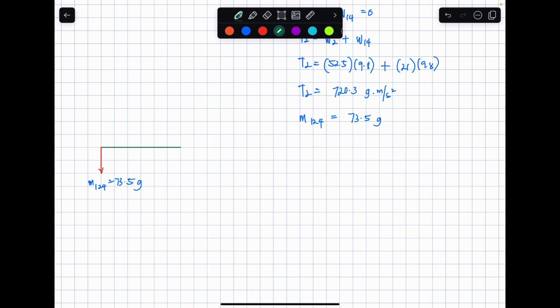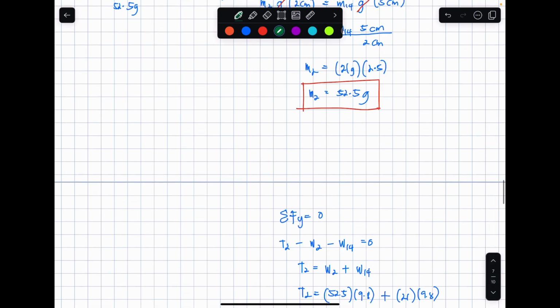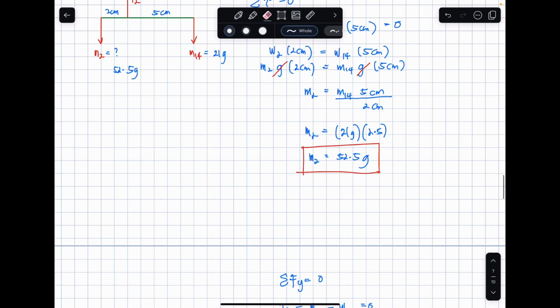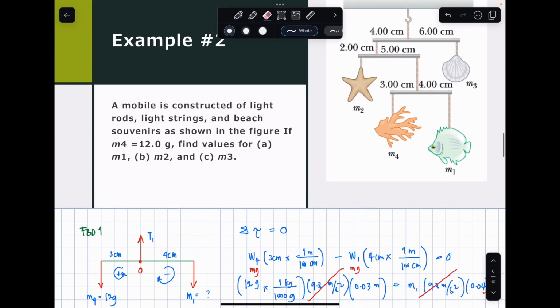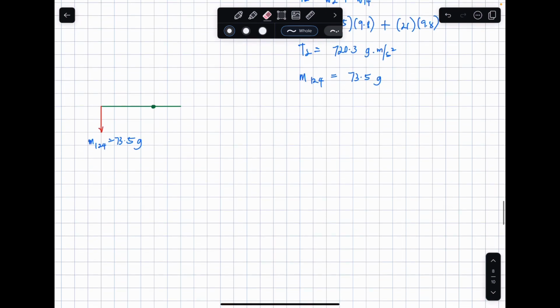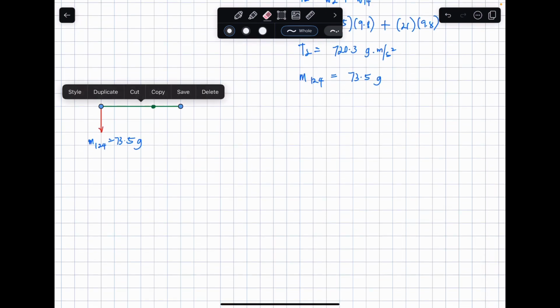And then we have 4 centimeters. So this would be the point. And the other one is 6 centimeters. So 2, 3, 4, 5, 6.